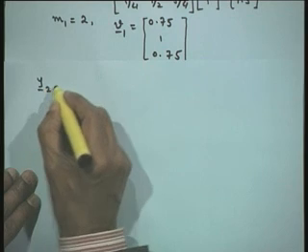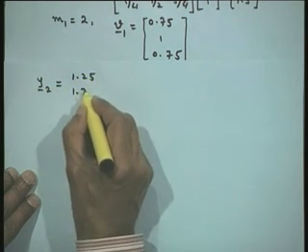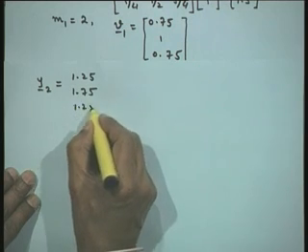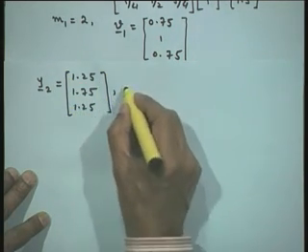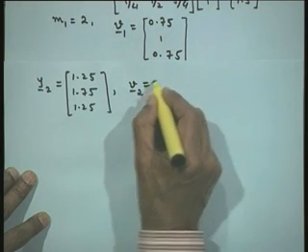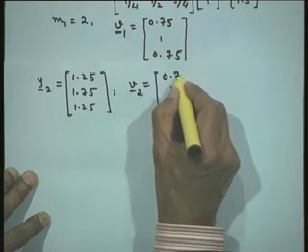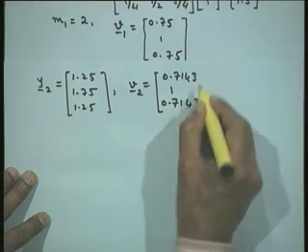Now, I will give you the remaining iterates. Y2 comes out to be 1.25, 1.75, 1.25, and V2 is 1.7143, 0.7143.